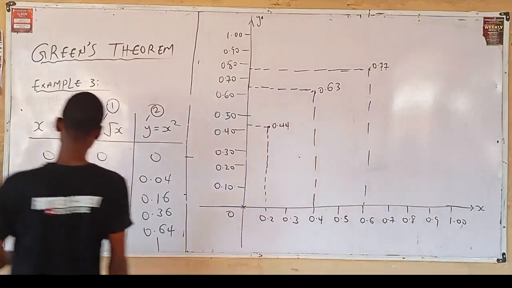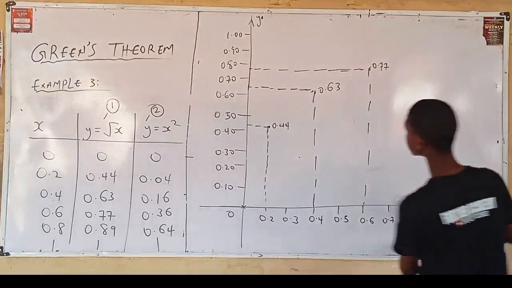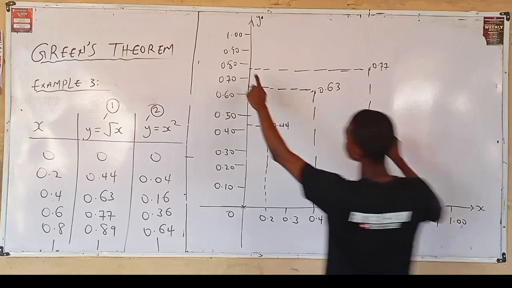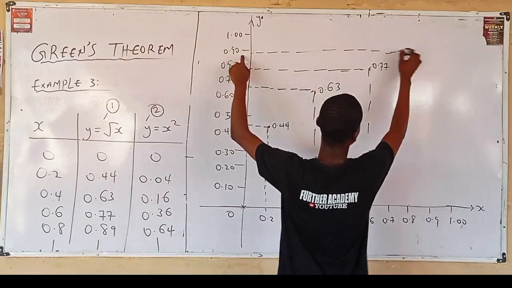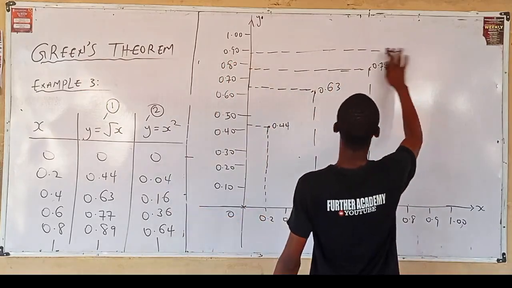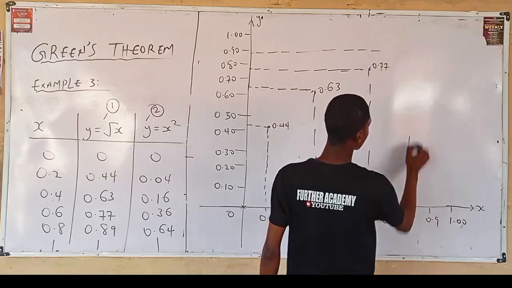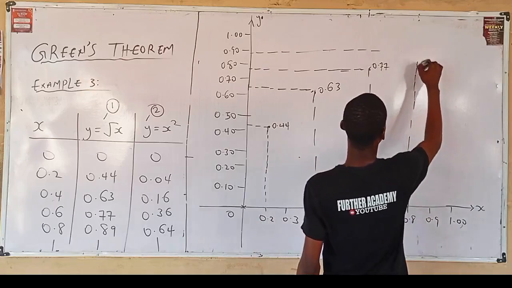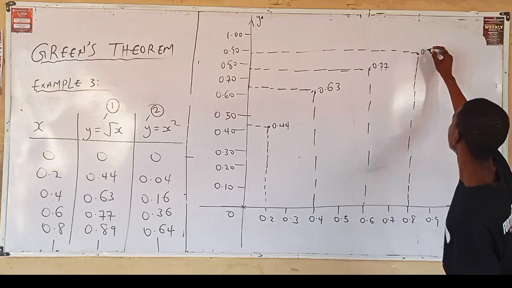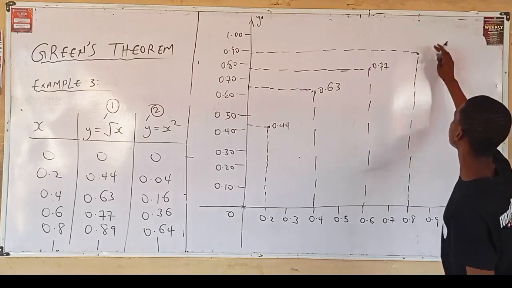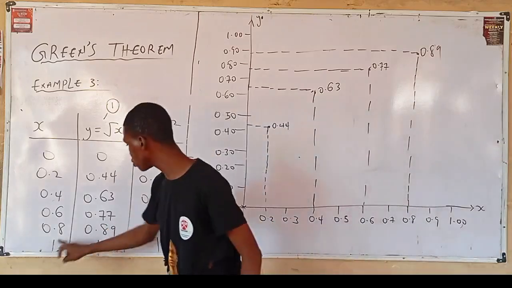Alright, now for this one I have 0.8 and 0.89. Somewhere here is 0.89, corresponding to 0.8. Then lastly, I have 1 to 1.